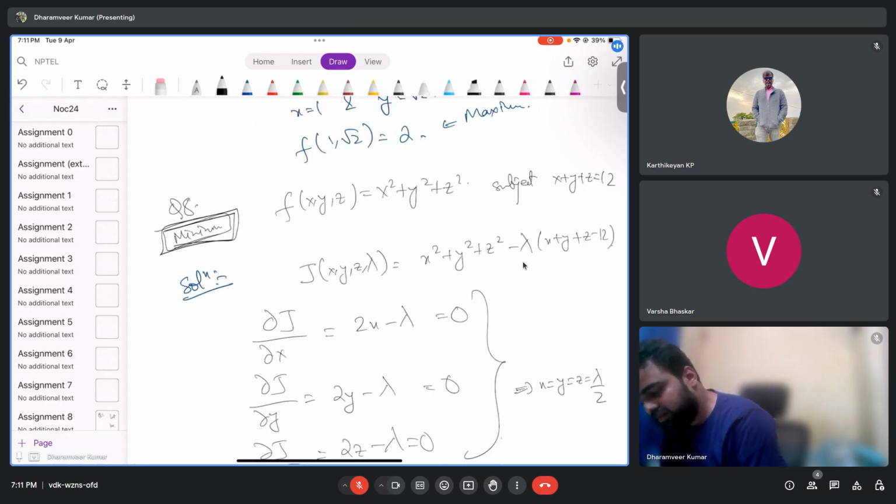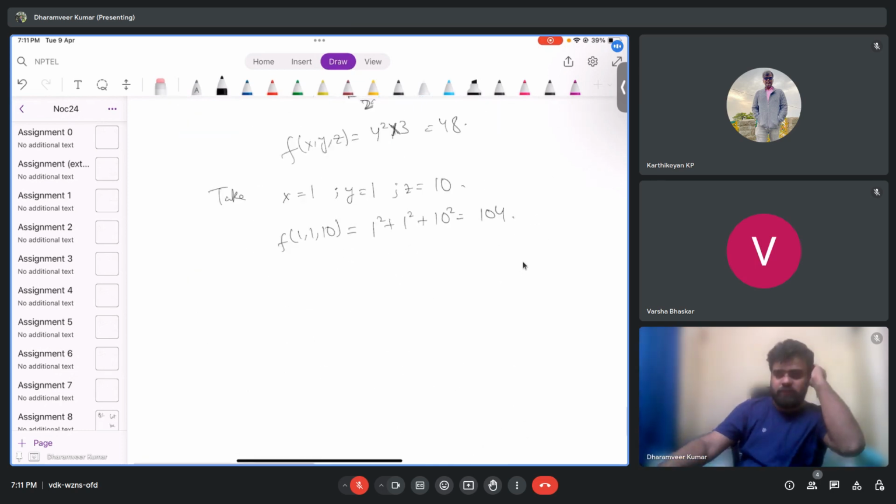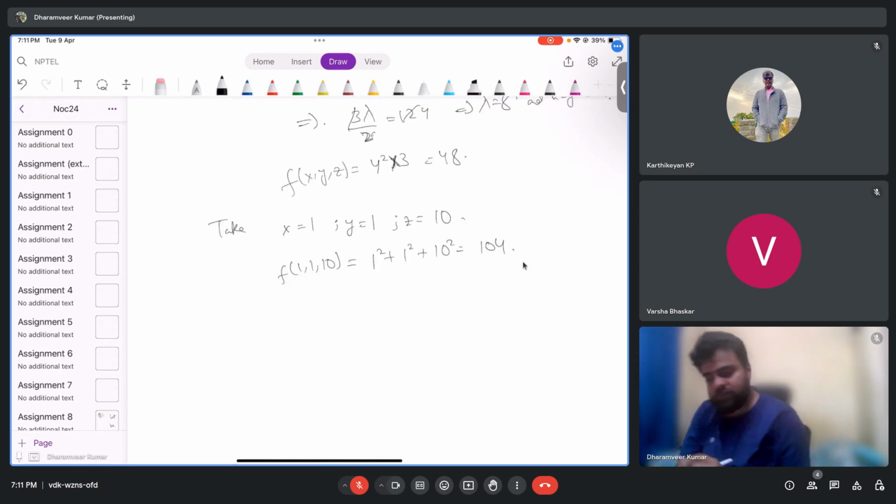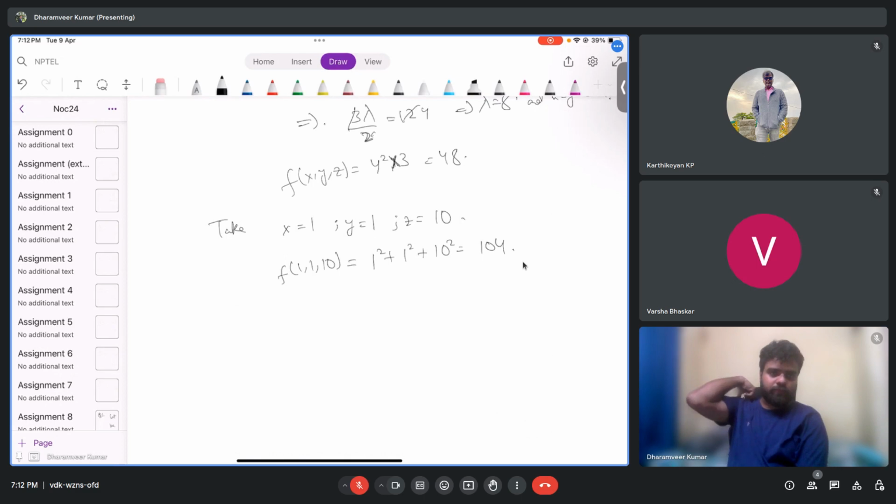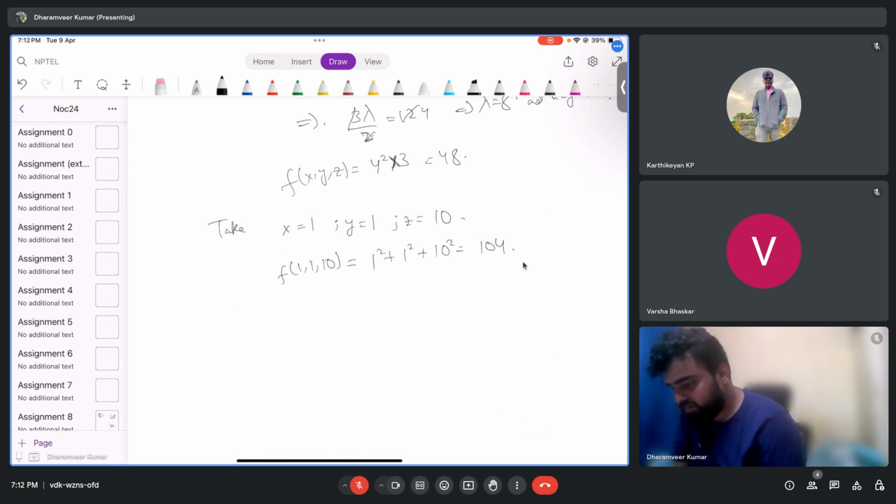Okay, it was the error. It is not a minima because we already find a point greater than this. Okay, I hope you understand this.